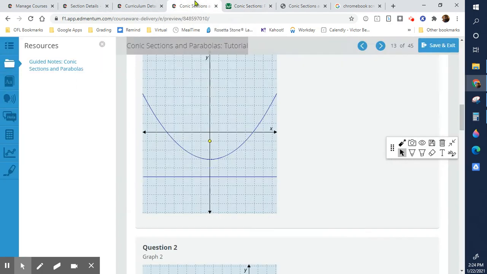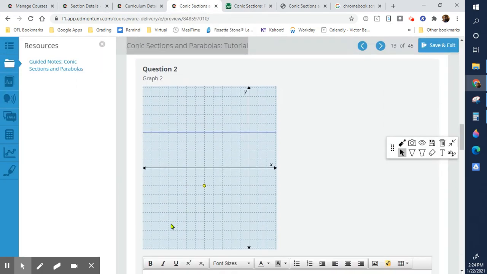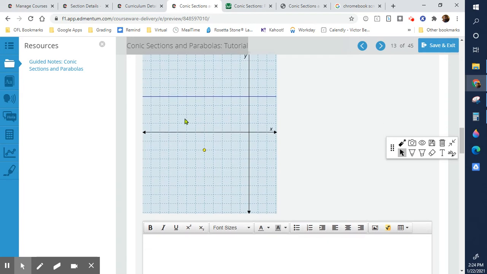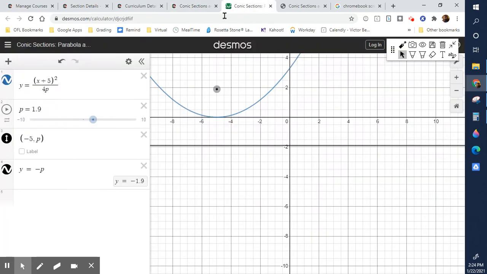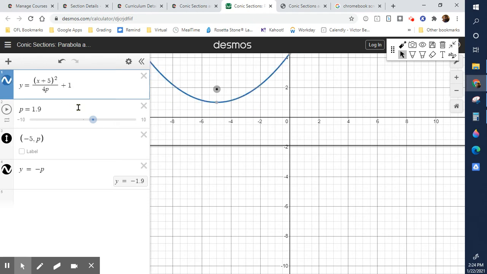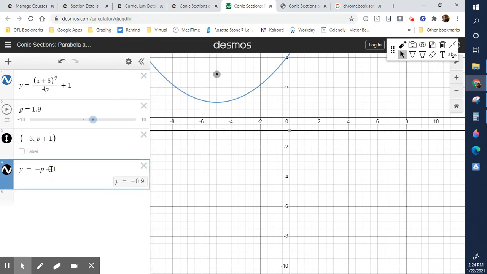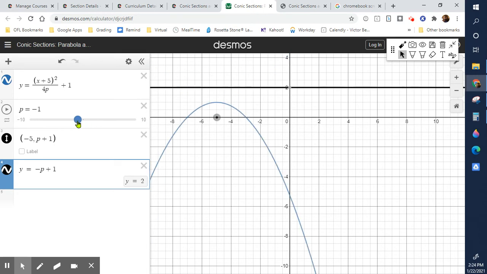Now, what we want is we need to find this middle ground, which we said was +1. So we want everything moved up 1. So I'm going to do +1. This is going to be +1. This is going to be +1. Now, the only issue is we want these kind of backwards. So we're going to have a -p.